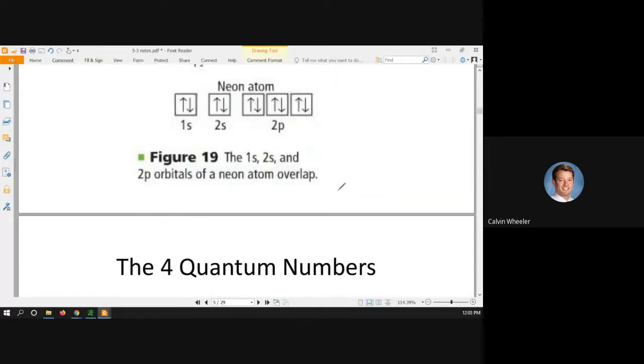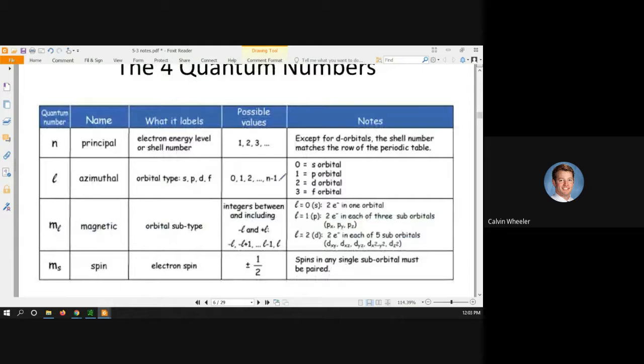Okay, so next, we can describe these electrons, or we could locate these electrons, with 4 what we call quantum numbers. Quantum numbers are kind of like an address. You have a street number.